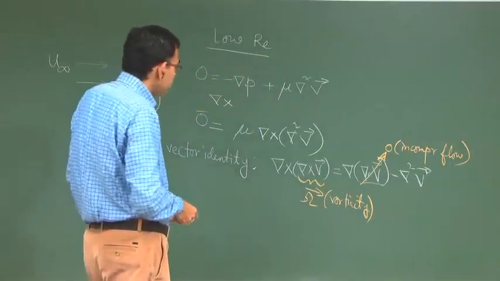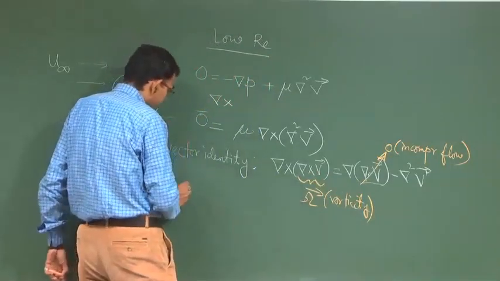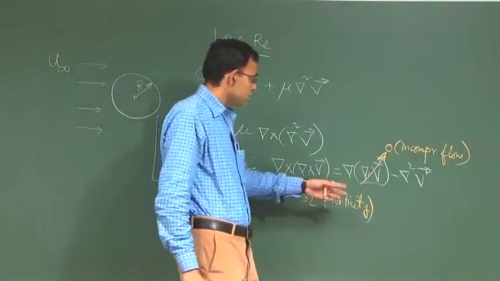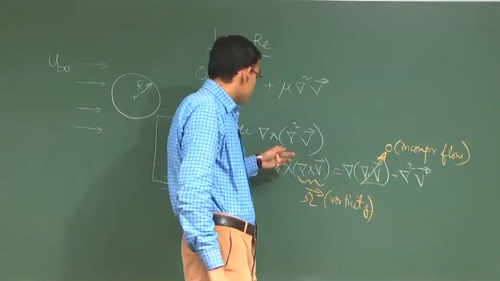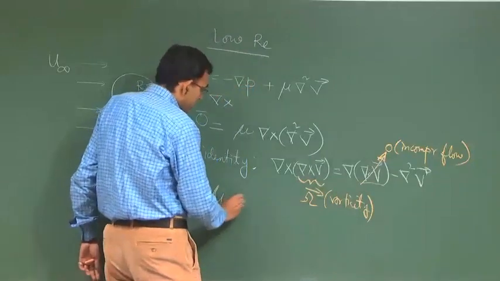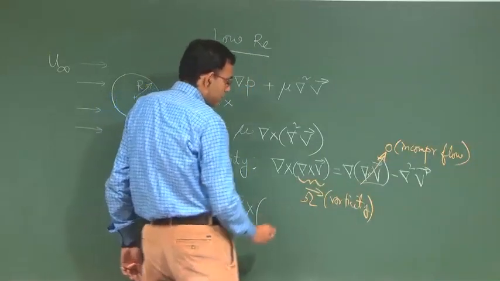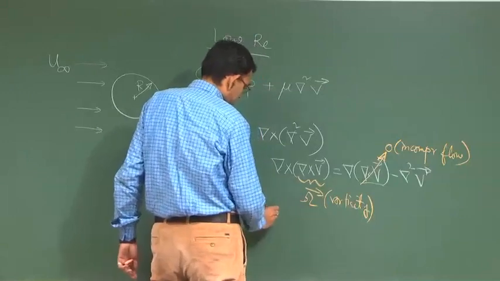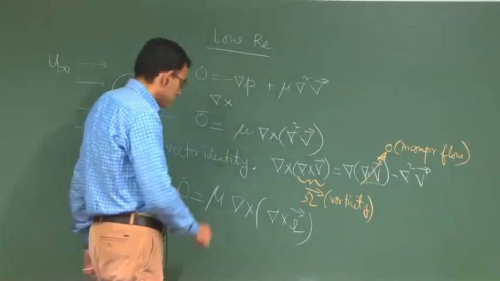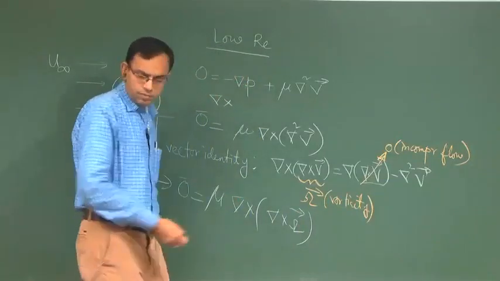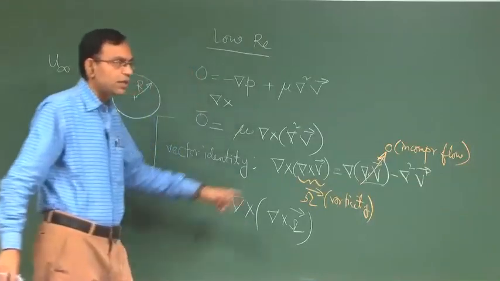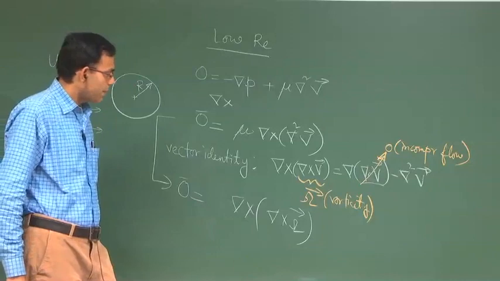Now this we can write mu curl of the vorticity. The minus sign is okay, and mu you do not have to bother about because mu is not 0, so the remaining thing is 0, okay.